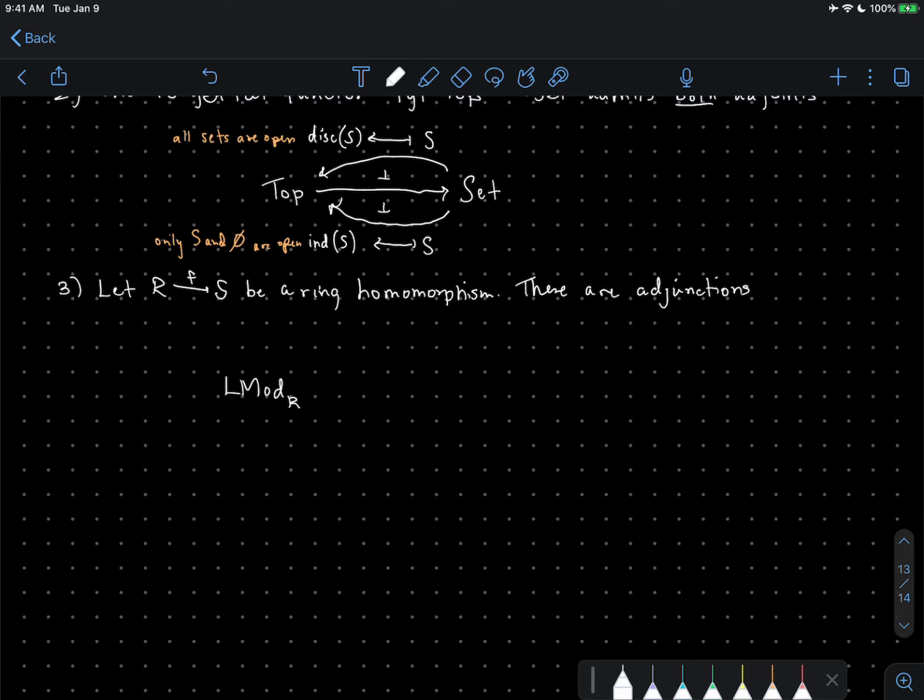Between L mod R and L mod S, one functor is the restriction functor, called F upper star. That admits both a left and a right adjoint. The left adjoint is the functor called F lower shriek, which is tensoring up.